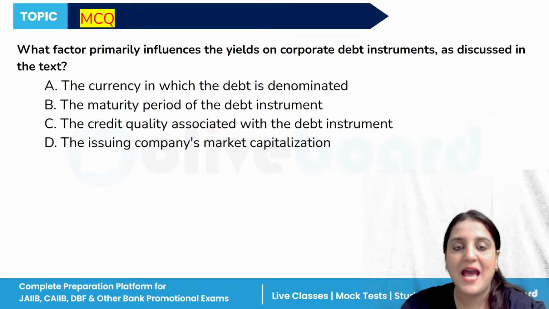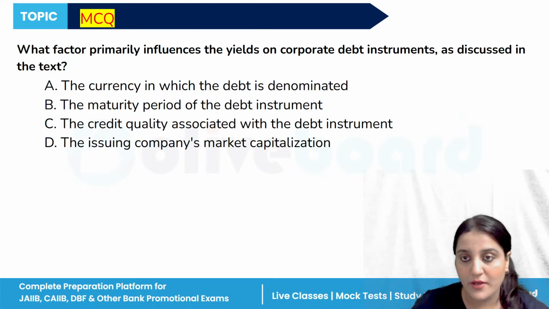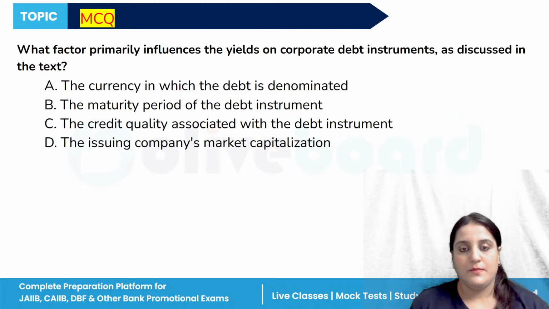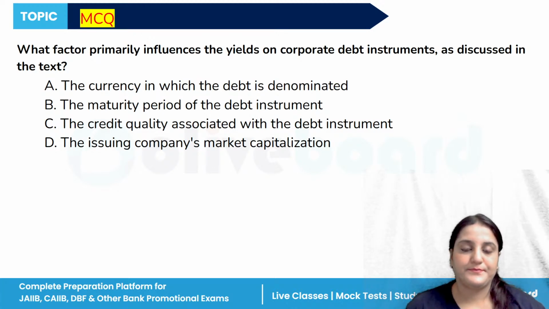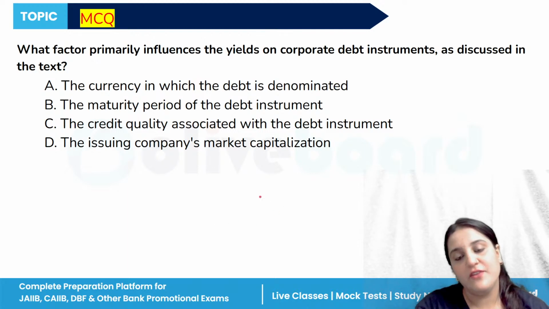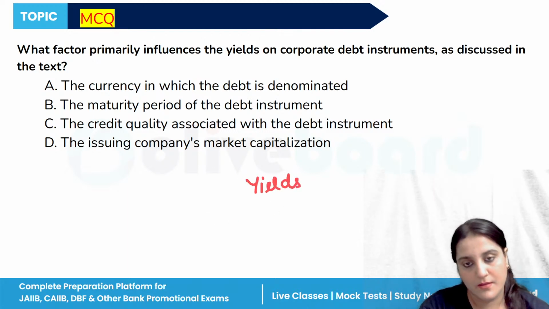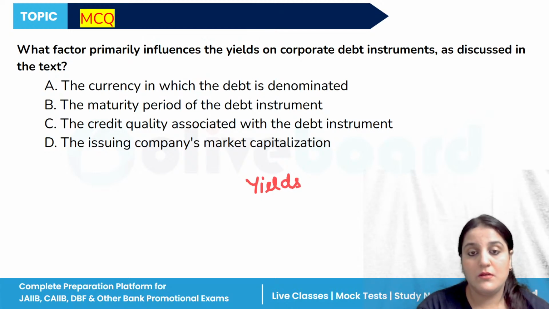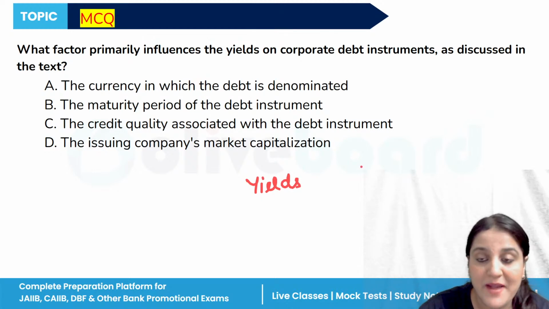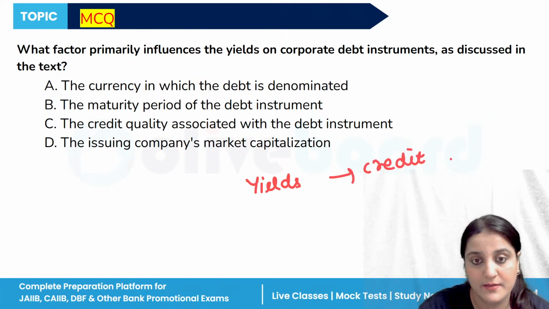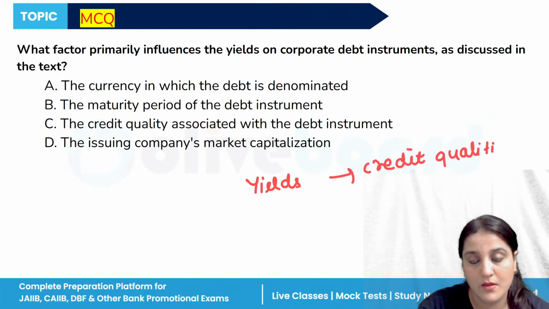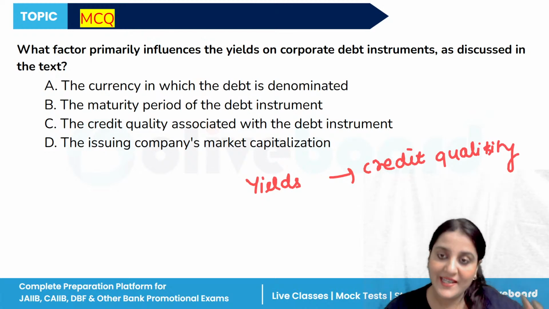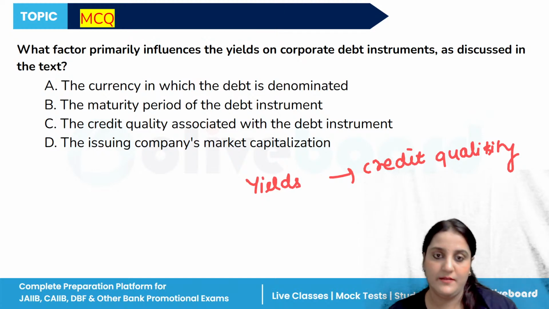What factor primarily influences the yields on corporate debt instruments as discussed in the text? The yields on corporate debt instruments depend on the credit quality, that is, basically the higher the credit risk, the higher the yield.